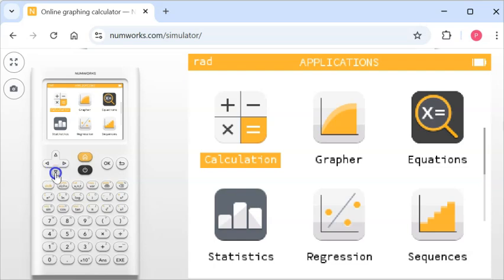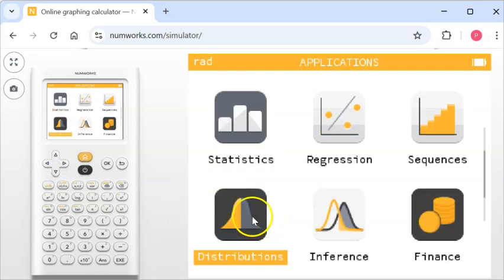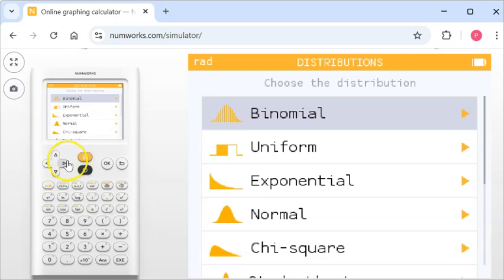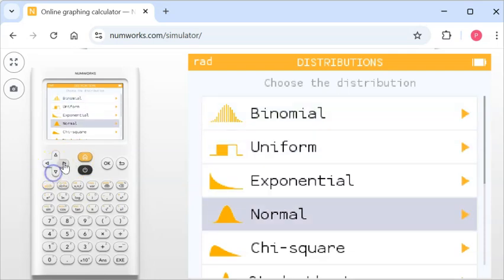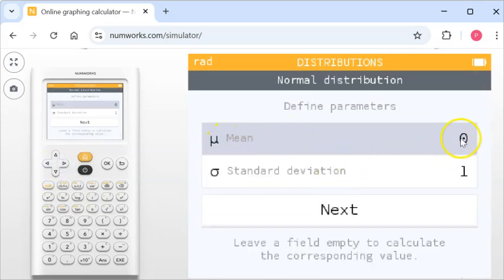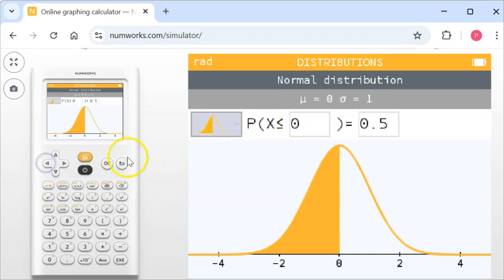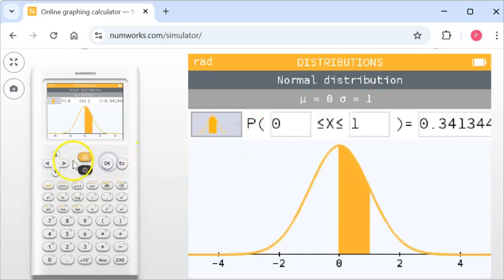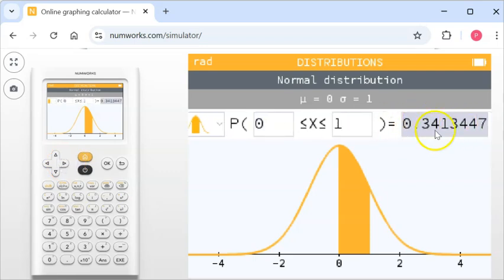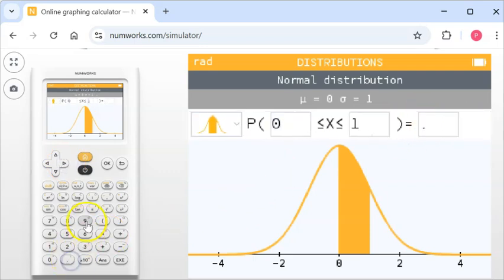So in our NumWorks calculator, we're going to go down here to distributions. We're going to hit OK. Then we're going to go here to normal distribution. Mu is 0. Sigma, standard deviation, is 1. So we'll hit next. And then we're going to switch over to the two-tailed test. We want this one right here in the middle. Hit OK. And then we're going to go to the far right box, and this is where we're going to put in 0.99.